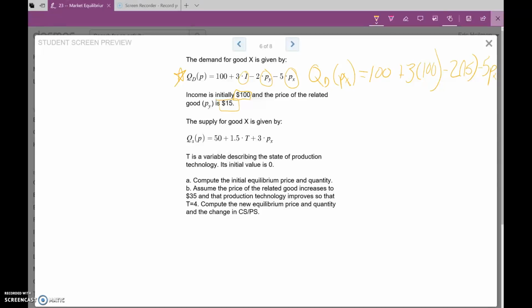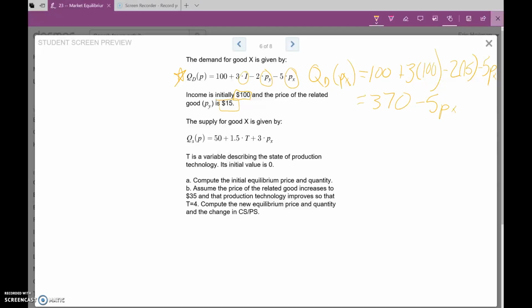When you simplify that, you get 100 plus 300, which is 400, minus 30, which is 370. All right, so that's our initial demand function, 370 minus 5px.